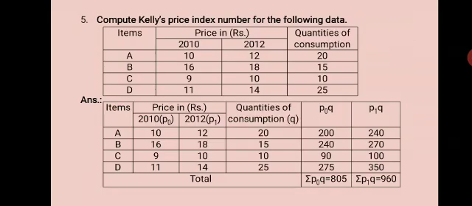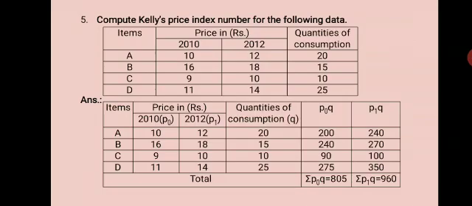Then we need to find P0 into Q, that is 10 into 20 you will get 200, 16 into 15 you will get 240, 9 into 10 you will get 90, 11 into 25 you will get 275.